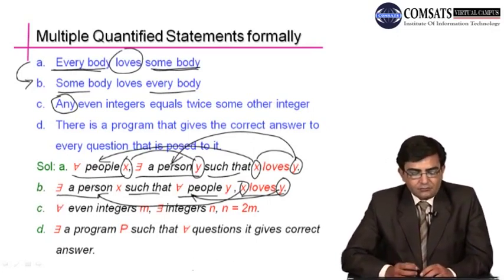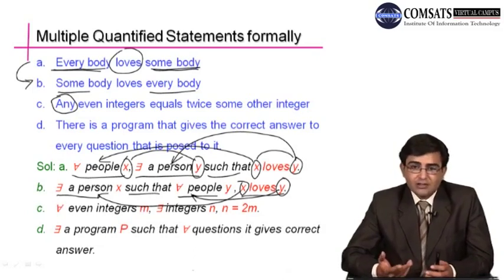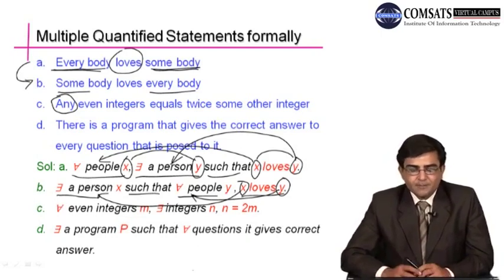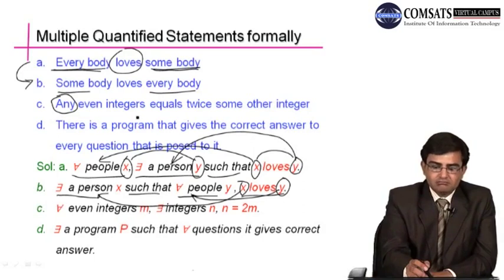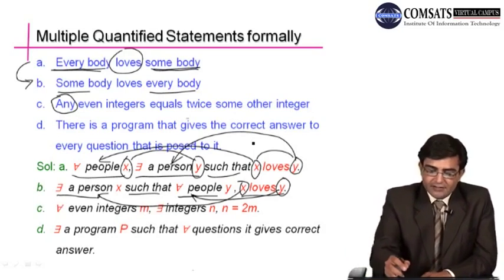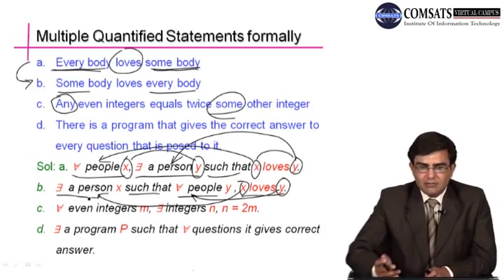So wherever you see any, everybody or all, we will use universal quantifiers, and wherever you see somebody, there is, or some, such words will be translated by using there exists. So any here means for all even integers, equals twice some other integer. Here some means there exists, and any means every, for all.